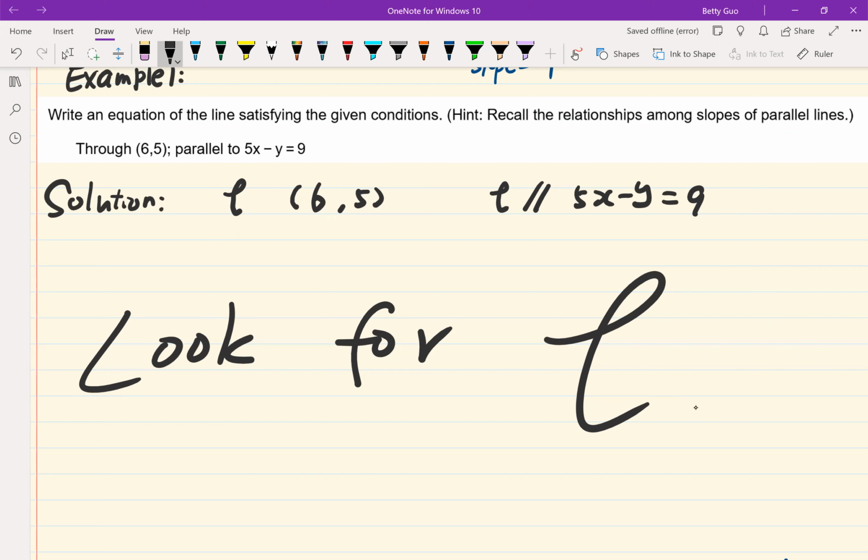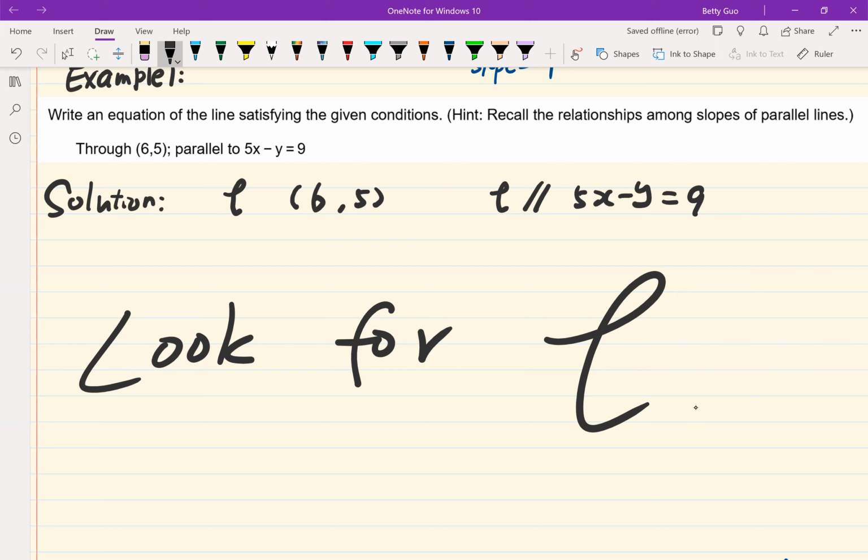If we have slope and y-intercept of the line, slope-intercept form is most convenient, right? If we know a point and slope, would that be something natural? We should look for the point slope form of the equation.